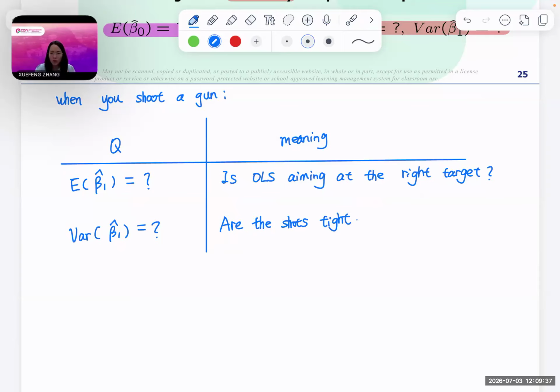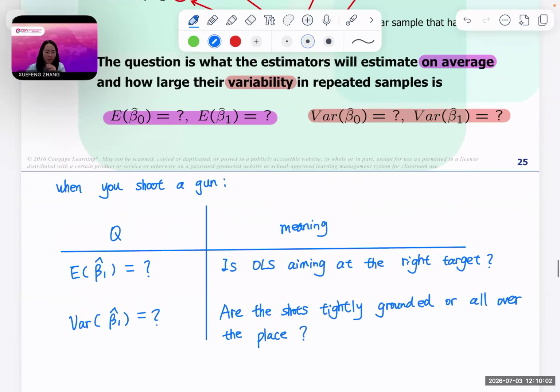Are the shots tightly grouped or all over the place, okay, spread out? This is the meaning of expectation and variance in terms of OLS, okay?